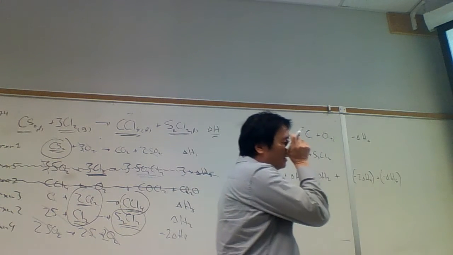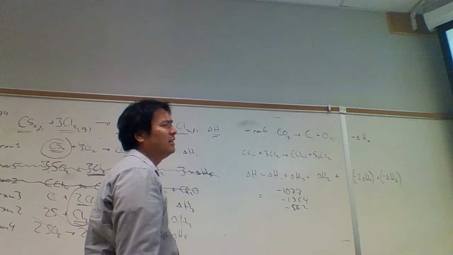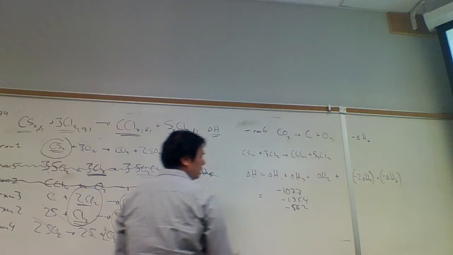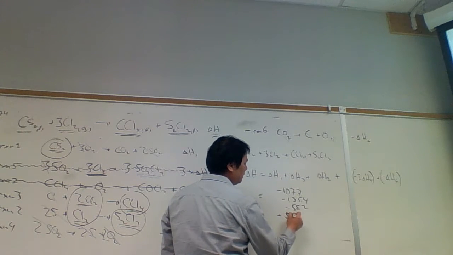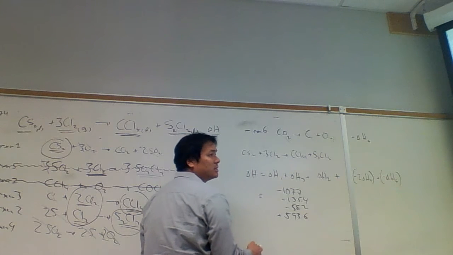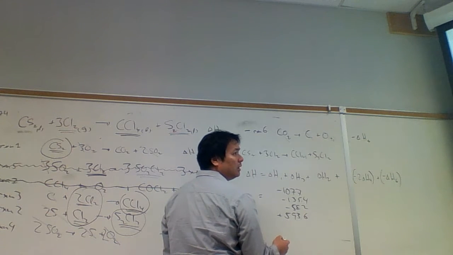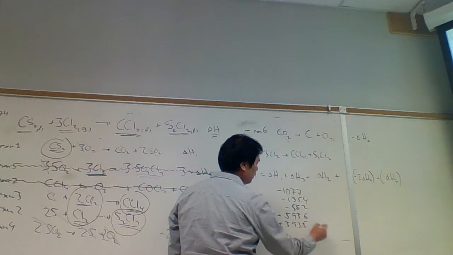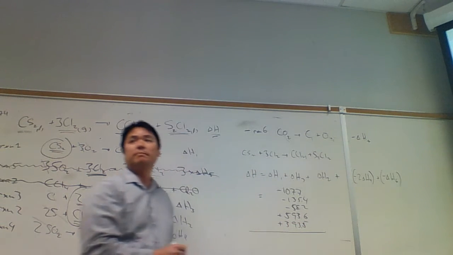And so that would be 593.6, plus 593.6. And then minus delta H6 would be plus 393.5. And just add it up.